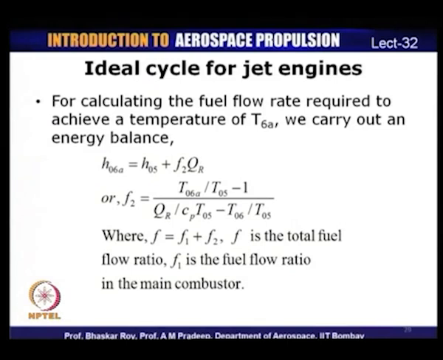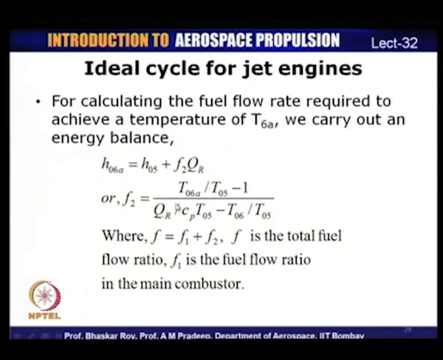So, what is the difference between the afterburning cycle and the other cycle? It is up to the turbine exit, it is still the same. And in the afterburner fuel is added additionally. So, we have to calculate the additional fuel that is added in the afterburner. We do it the same way we did it for the combustion chamber. We carry out an energy balance and calculate F2, which is the fuel added in the afterburner.